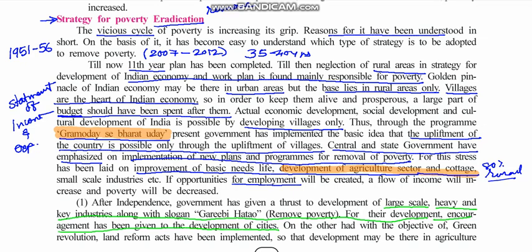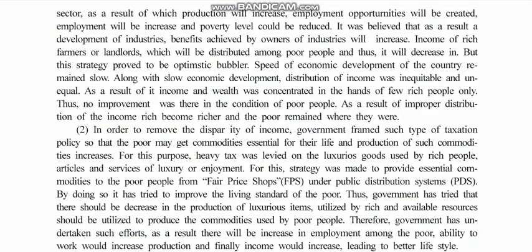On the other hand, with the objective of the green revolution, the land reform act was implemented so that development may also take place in the agriculture sector. As a result, production will increase.